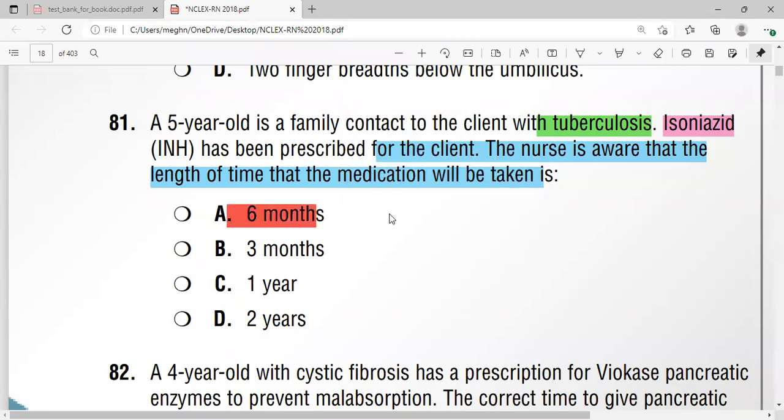The household contact should take isoniazid approximately 6 months for prophylaxis. Answers B, C, or D are incorrect because they indicate either too short or too long a time to take the medication.